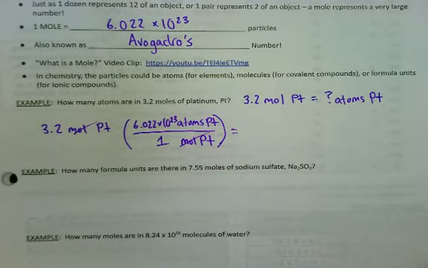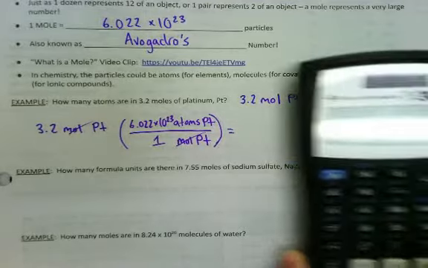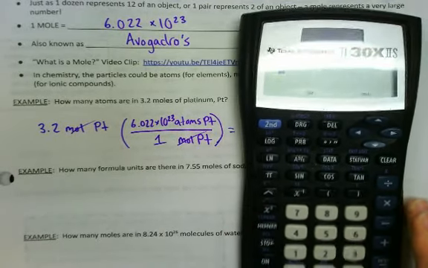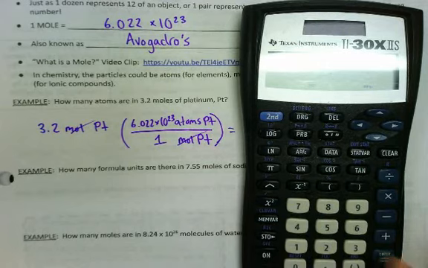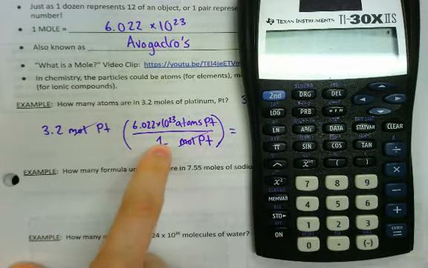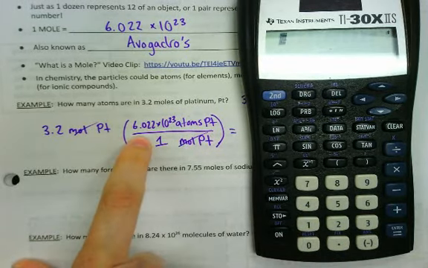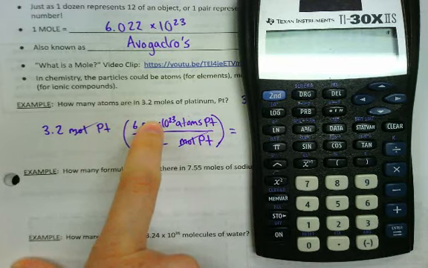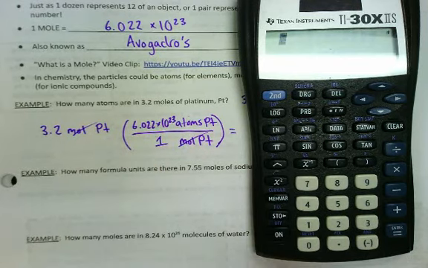So we are going to do that calculation here. I'm going to go ahead and put myself in standard. Okay. It's kind of hard to see with the glare on my calculator, but if we type this in, we're going to use the same rules we've been using for dimensional analysis: multiply everything across the top and divide by everything on the bottom.